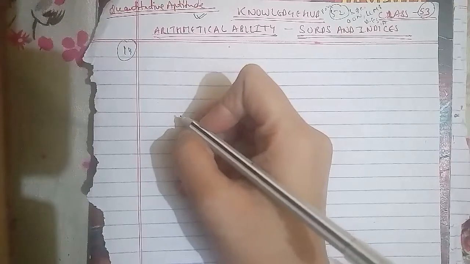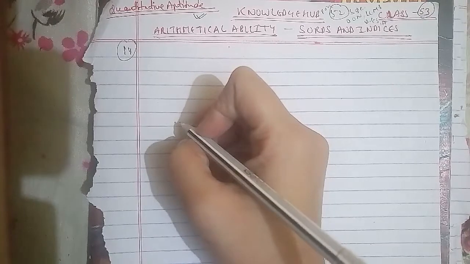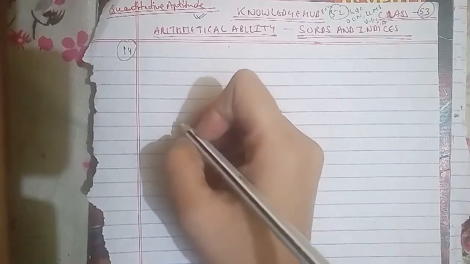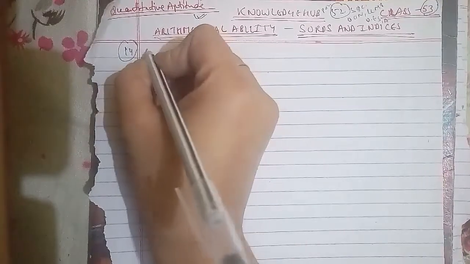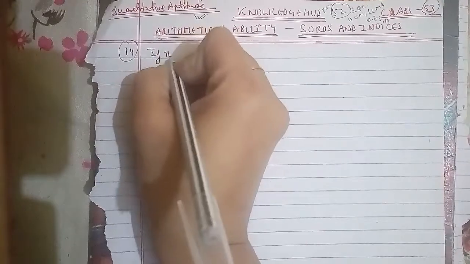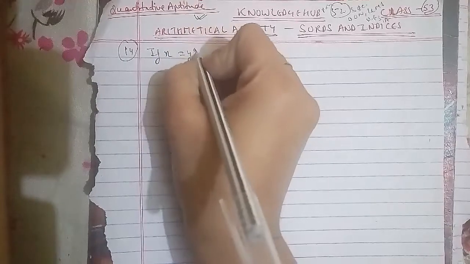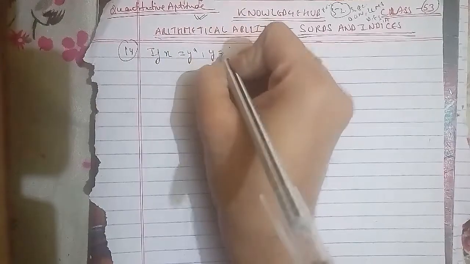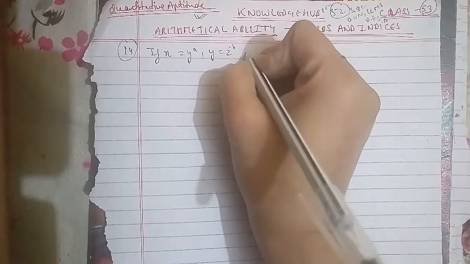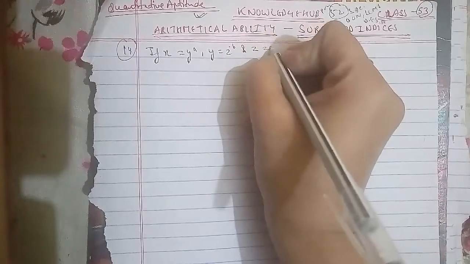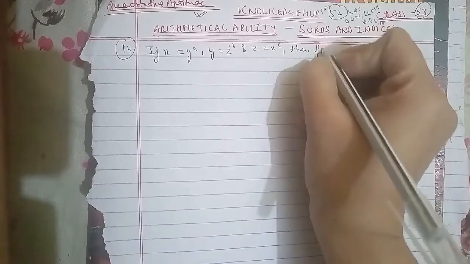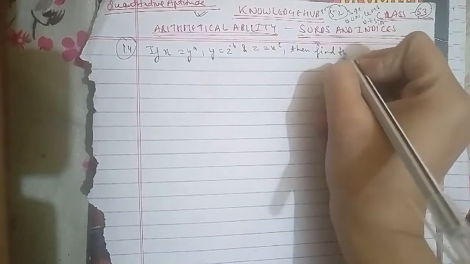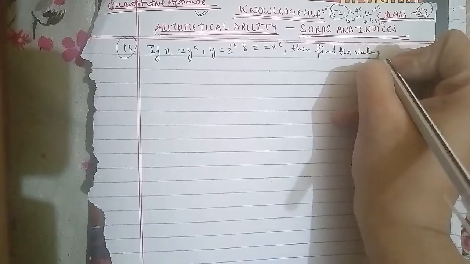That is, we have to find the value for the powers here, and that is the important part. So if x equals y^a, y equals z^b and z equals x^c, then find the value of abc.